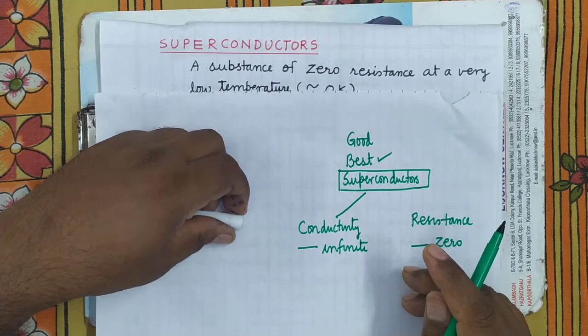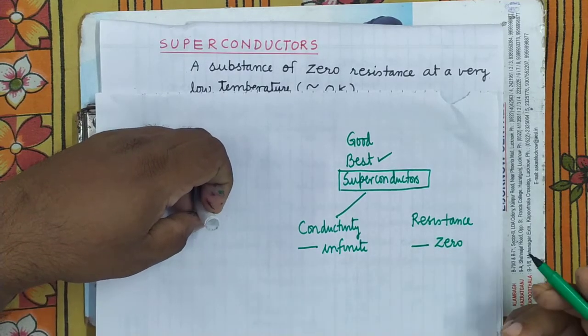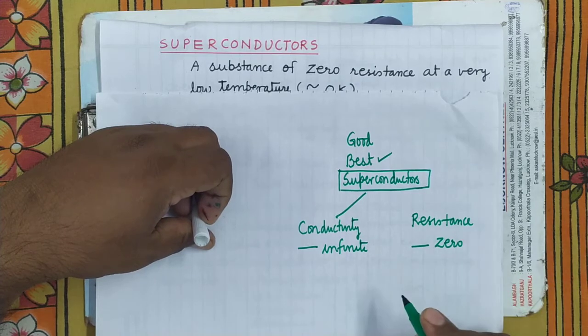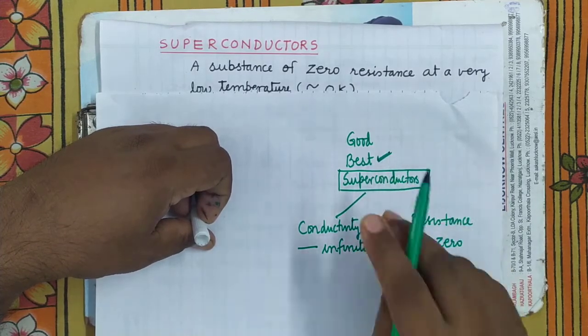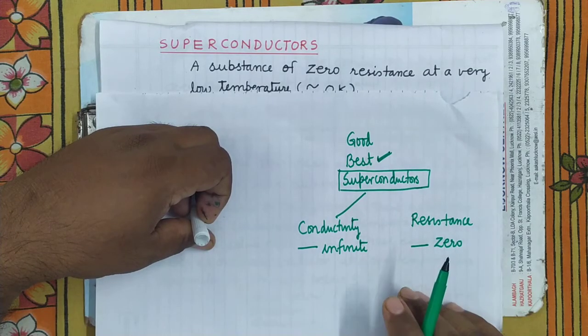But there is a limitation, or you can say a drawback. Best conductors will remain best conductors at all values of temperature.